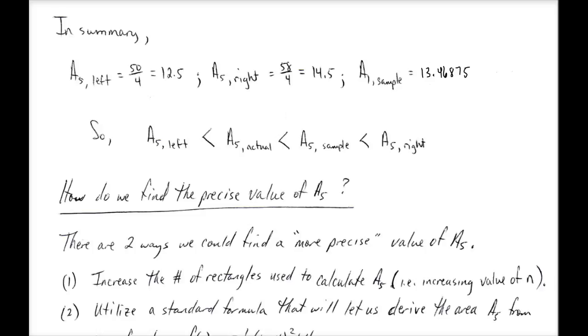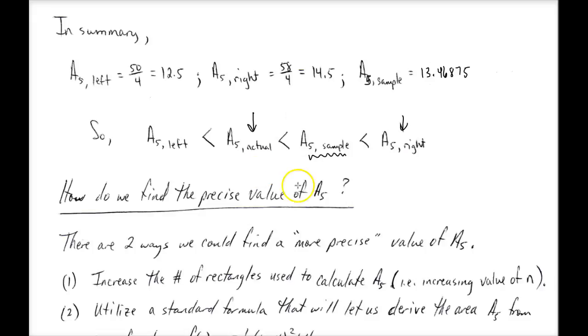And I think I have a nice typo here that I need to correct right quick. So that should be a 5 and not necessarily a 1. And we see here that the sample is actually going to be in between the actual value and the right endpoint estimate, and we know that the left endpoint estimate is kind of way off there.